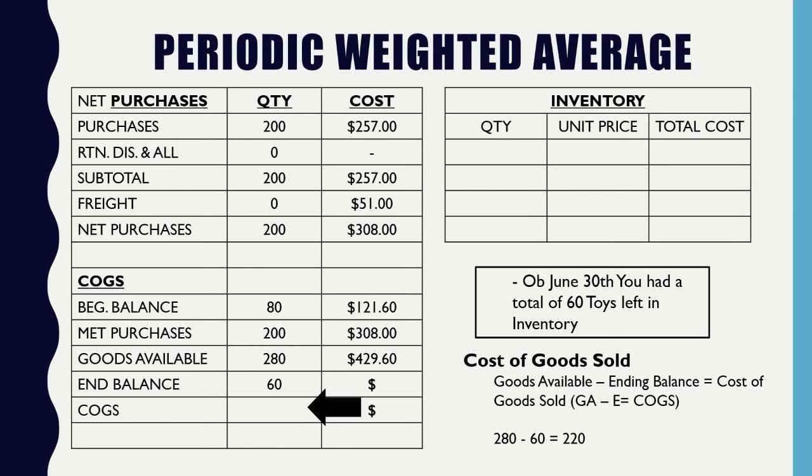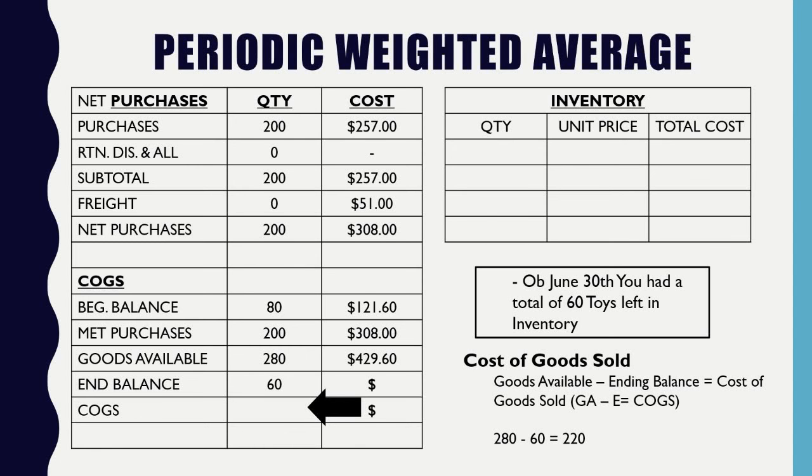Now, because I have beginning inventory of 80 units at $121.60, I now have a total goods available of 280 items at $429.60, okay?